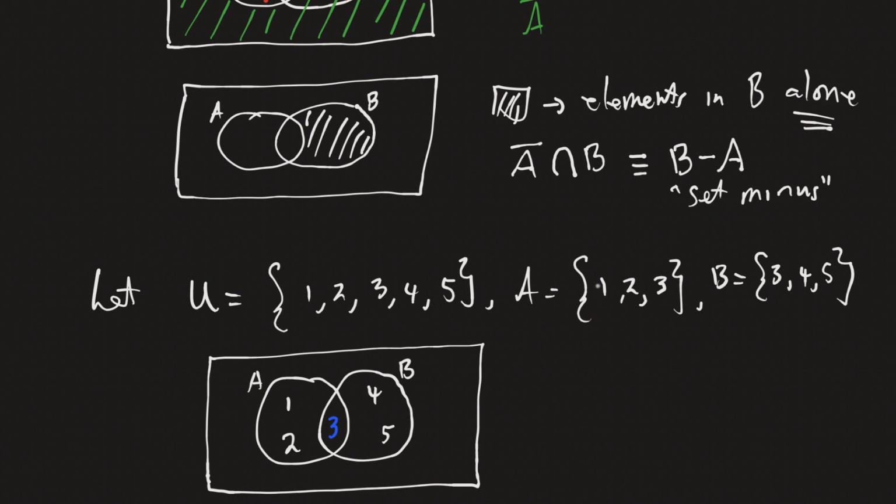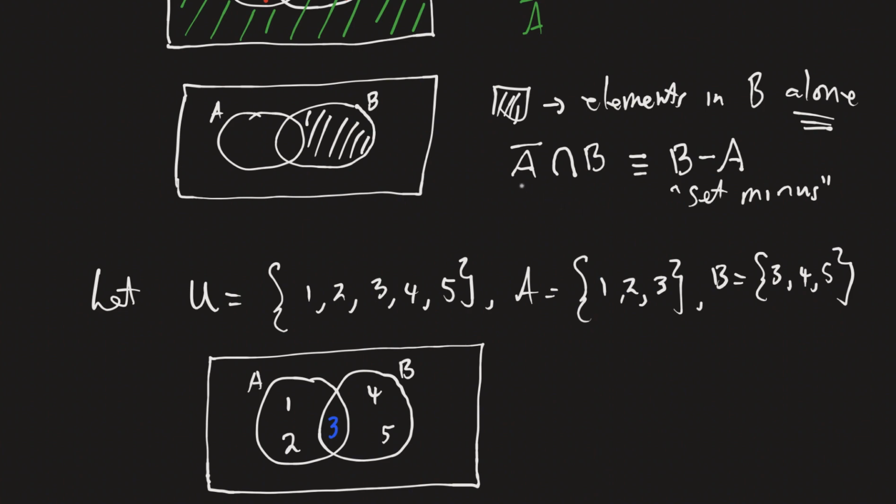And then once I have this covered, I would look in my universe to see if I have any other elements other than the ones already indicated in the circles. If I had, for instance, a 6 and a 7, I would put it somewhere outside both of them, right? But here, everything in the universe is either in A or B or both, right?